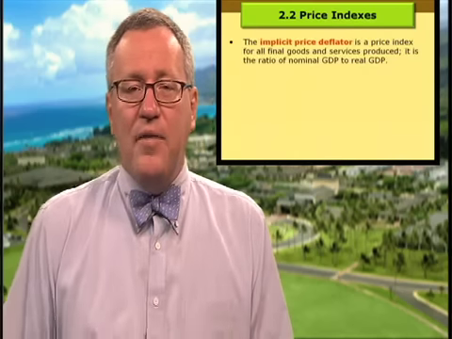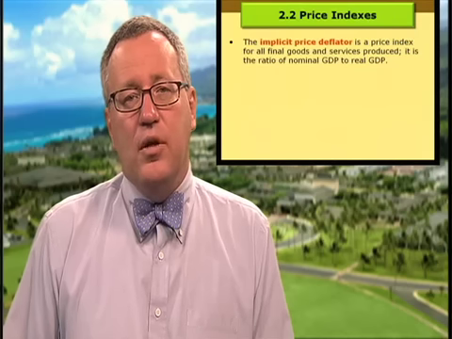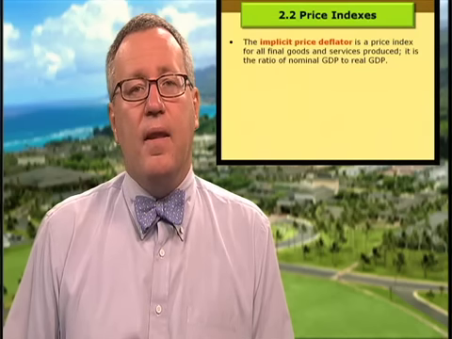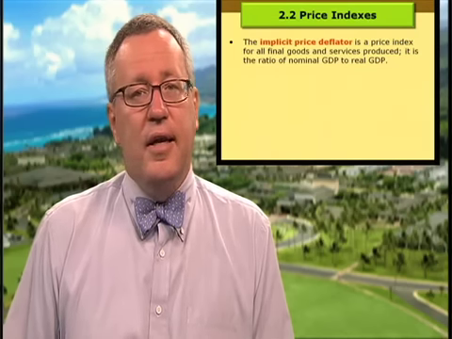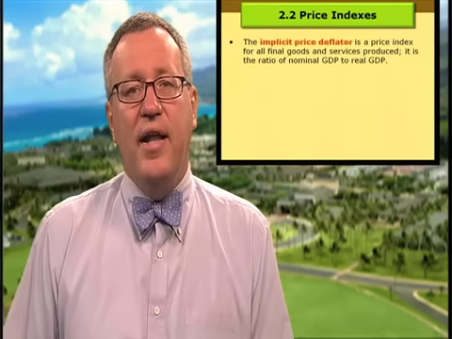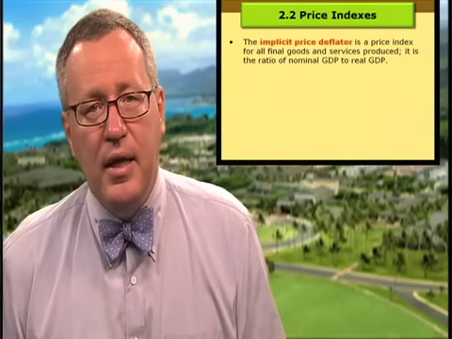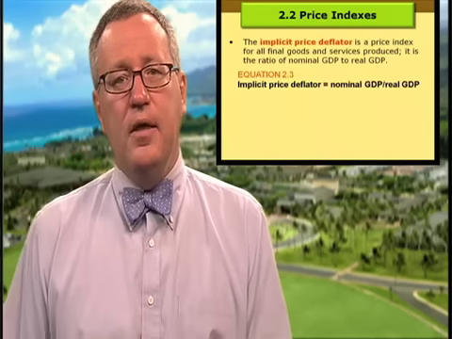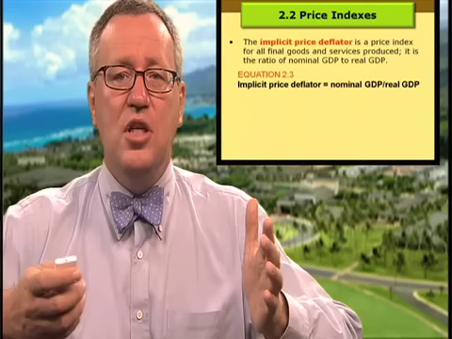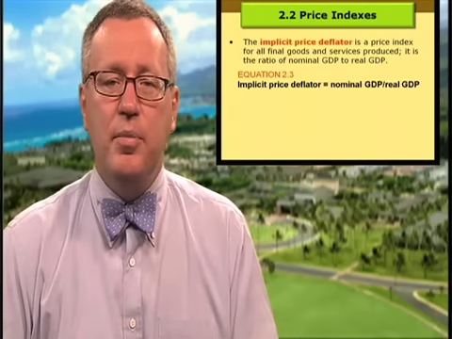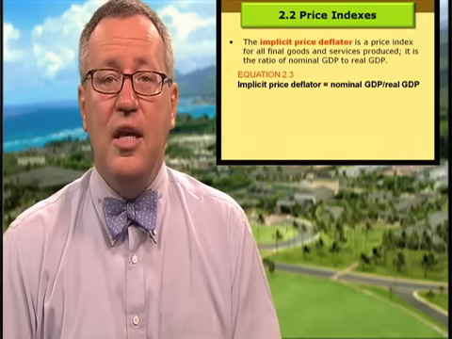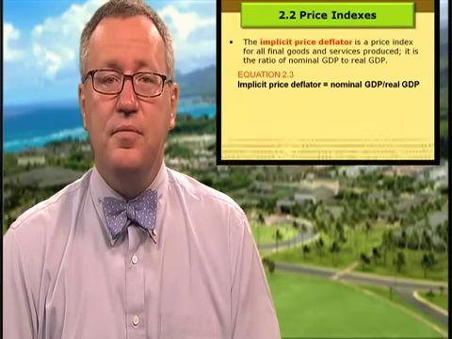All right, well, let's talk about a few of the indexes that we use. The implicit price deflator. It's a price index for all final goods and services produced. It's a ratio of nominal GDP to real GDP. So all you do is you take your total nominal GDP divided by your total real GDP, and that gives you the implicit price deflator.